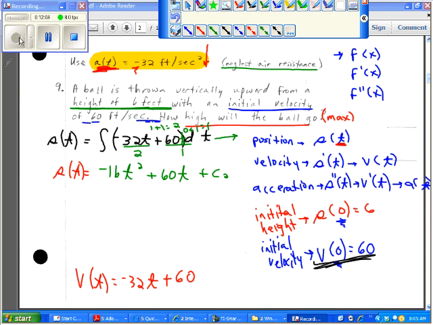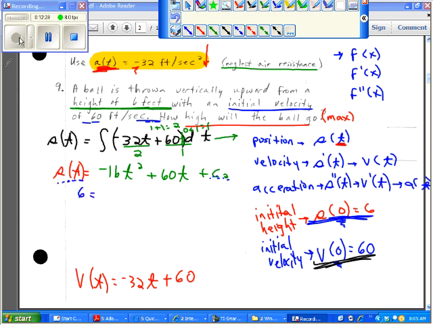Now, if we want to try to find C2, then we could plug a point in, and the point that we knew was that the initial height was 6. So at t equals 0, the function value is 6. So here's my function value.